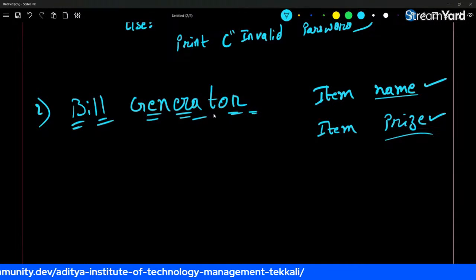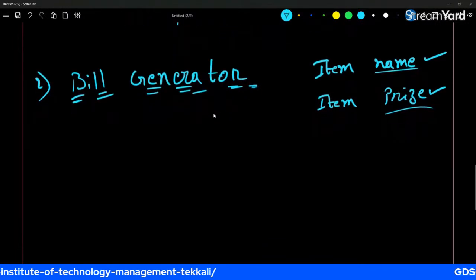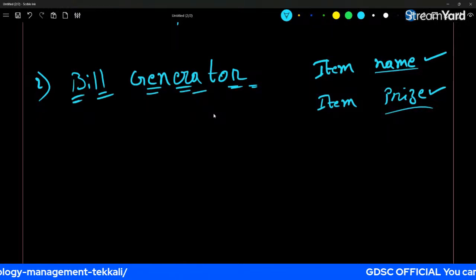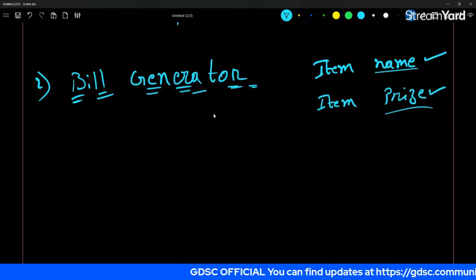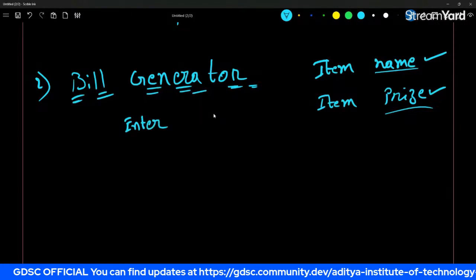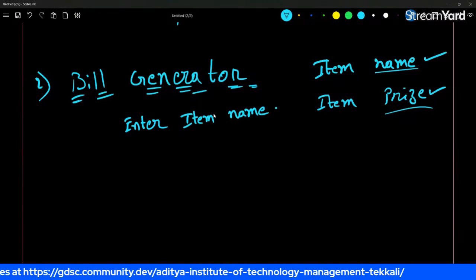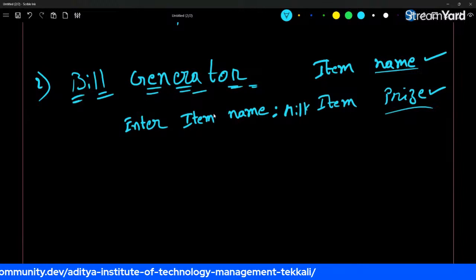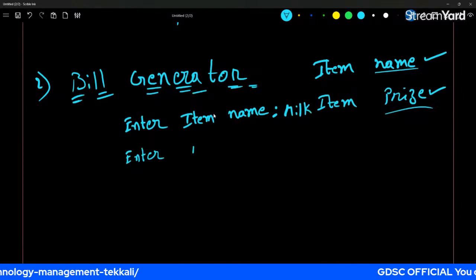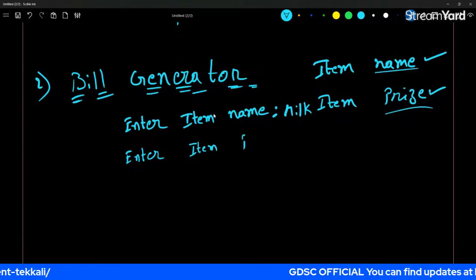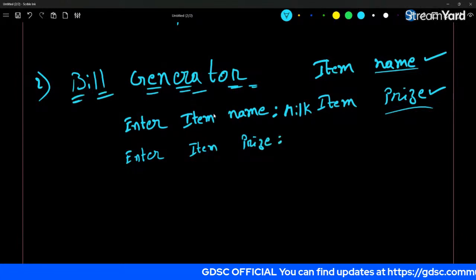Here I'm going to run a while loop. What I want is to ask the user to enter the item name. He will enter something like milk. Then enter the item price, and he will write something like 50.